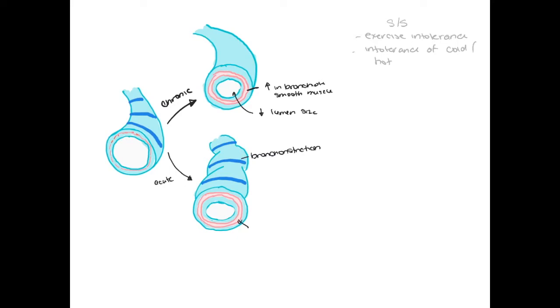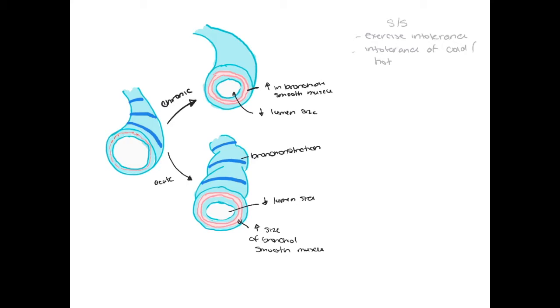We still have the increased size of the bronchial smooth muscle, and we're still going to have the narrowing of the airway due to the swelling and edema that occurs in the airway. So we still have this decrease in lumen size that's a result of the swelling and edema.